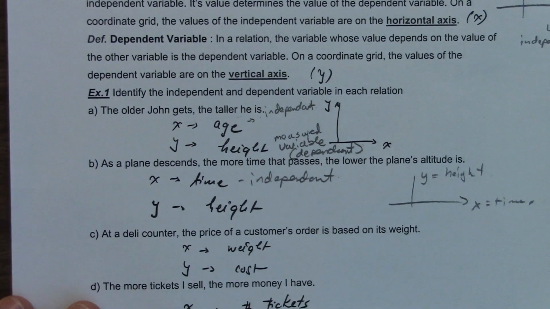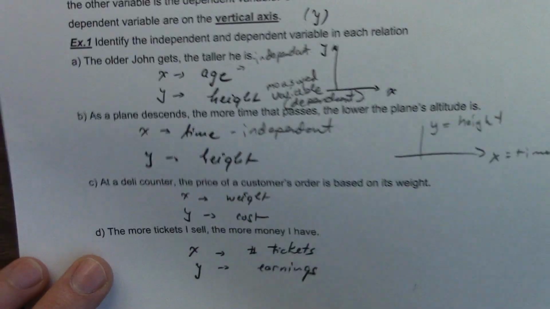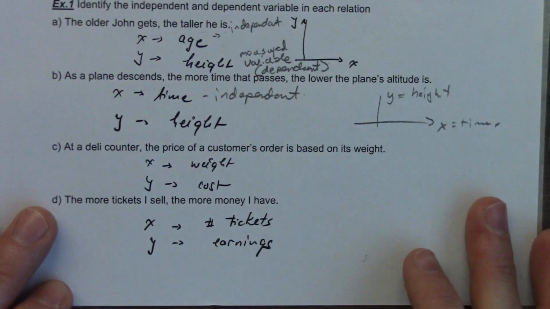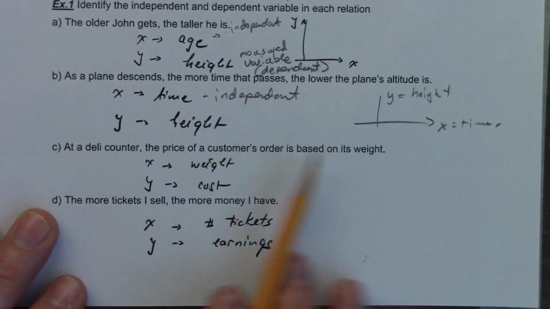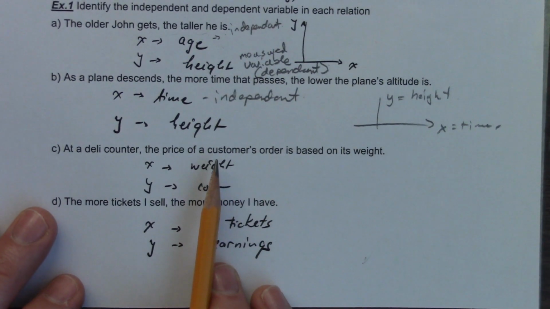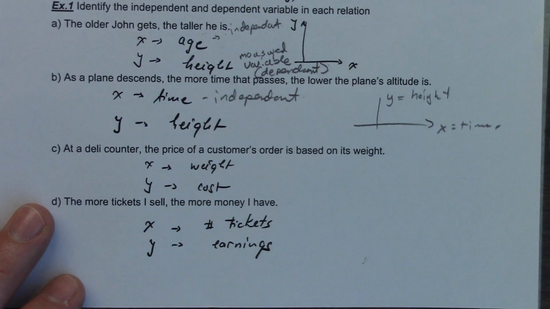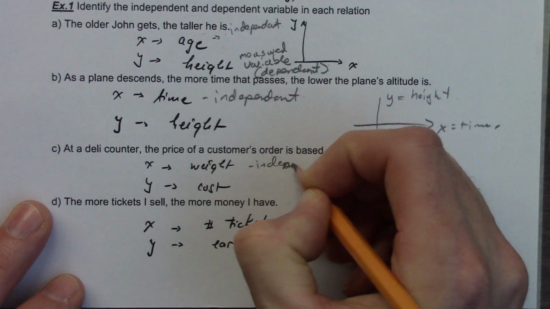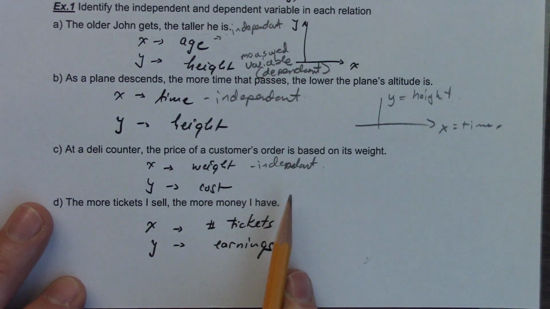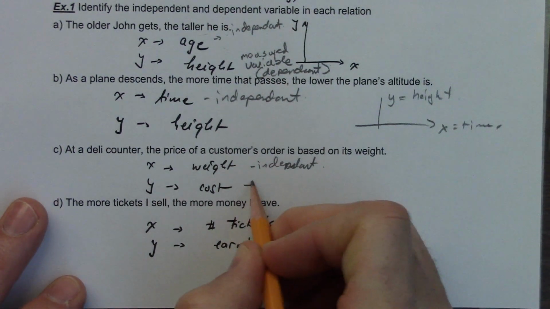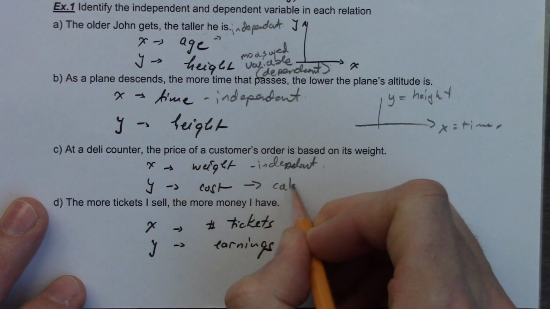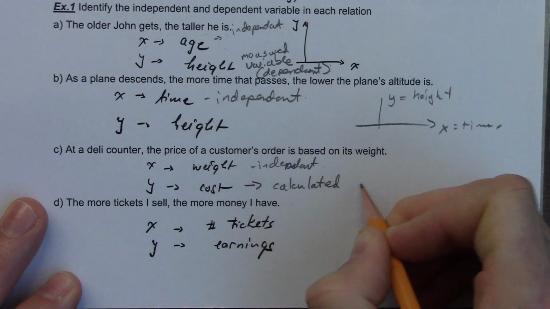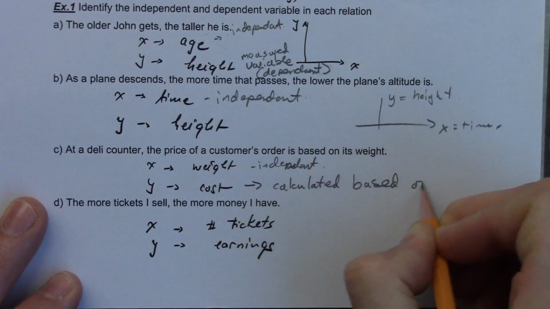Okay? At a deli counter, the price of a customer's order is based on its weight. Here we go. We're at a deli counter. What would be independent and what would be dependent at a deli counter? The weight is going to be the independent variable. Even though the weight is calculated from a scale, in a way, it's really the cost that is calculated based on the weight.